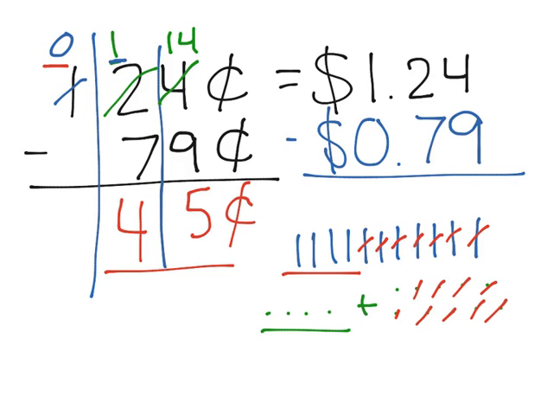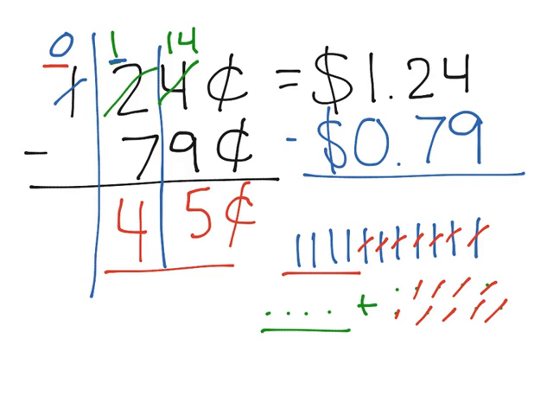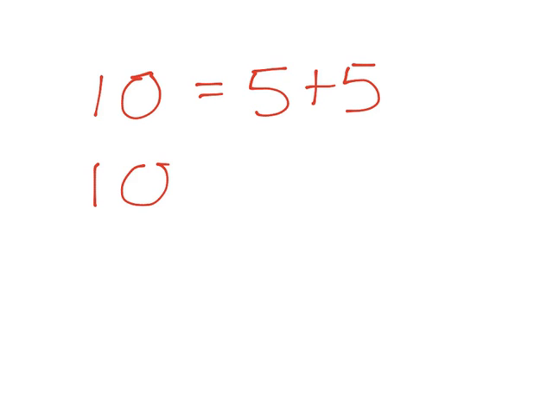If you're noticing that your child is trying to use their fingers, that's totally fine, because as we're going through these problems, we're working with tens a lot, and I've noticed that some kids know 5 plus 5 is 10, but it's not coming automatically to some of the kids that if you have 10 and you take away 5, you end up with 5 left.